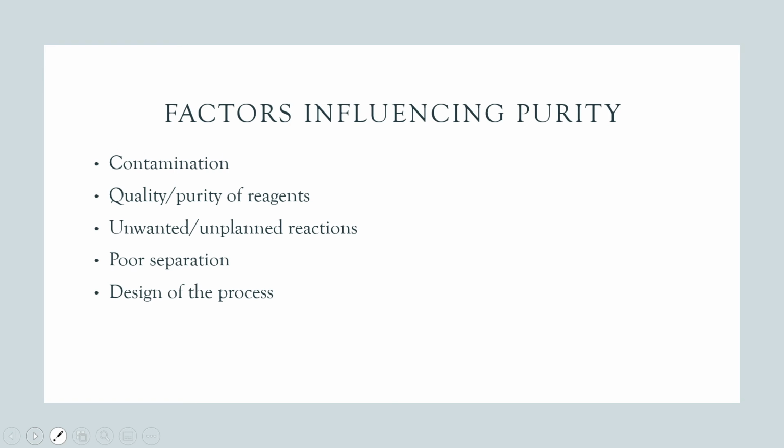And that may come down to the quality or the purity of the reagents that you started with, but it could also be because there were some chemical reactions that were undertaken that were not desired or weren't planned in the design. You may also have some contamination because there were some substances that were not separated from the desired product. And all of these elements that I'm discussing essentially can all be boiled down to the design and the execution of the process used to actually make the chemical itself.